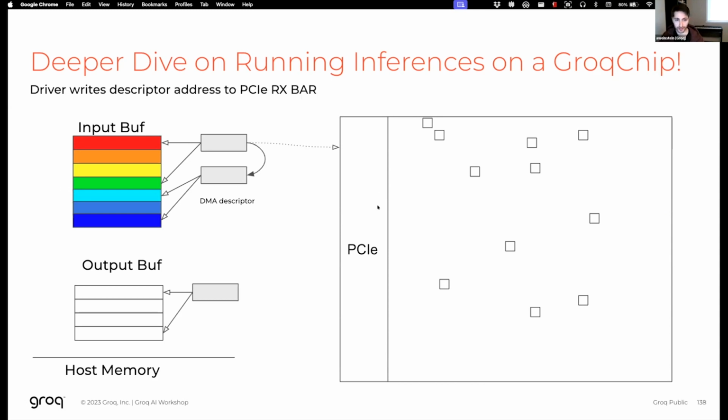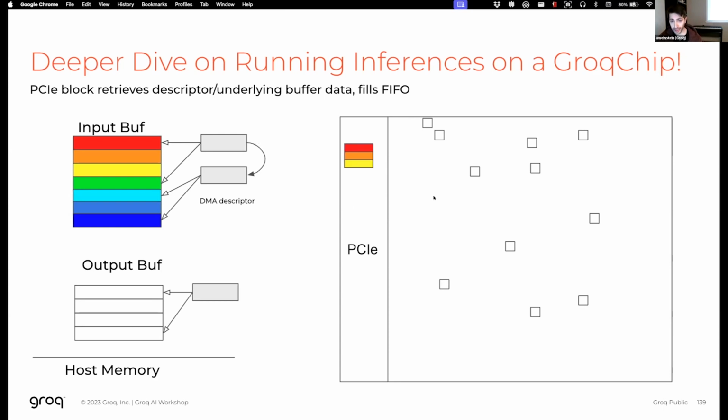The first step to kick off an inference is that the Groq driver will write a DMA descriptor to the PCIe block on the Groq chip. When the PCIe block detects that a descriptor has been written to it, it'll kick off a DMA transfer of this information into the Groq chip.